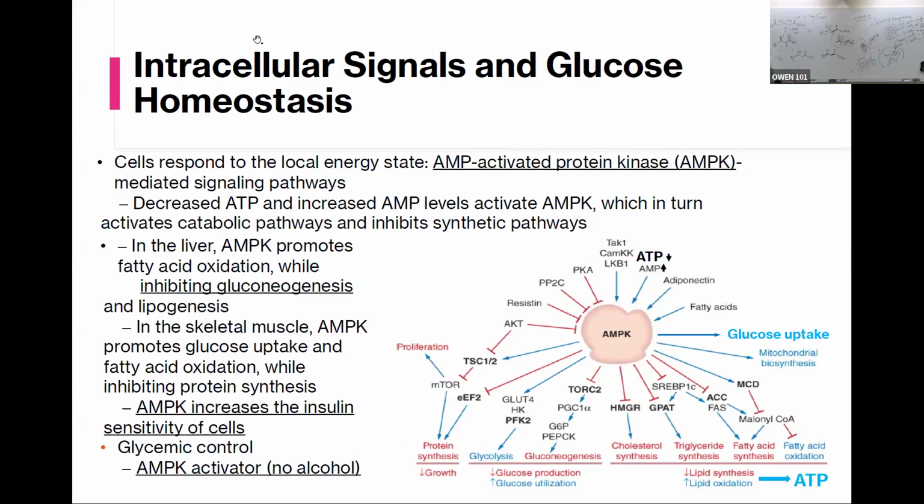Yeah. The same thing here: when GLUT4 is induced, of course glycolysis is induced. But AMPK inhibits TORC2, which is why gluconeogenesis is not happening. So that's how you interpret these figures, a little bit complex.